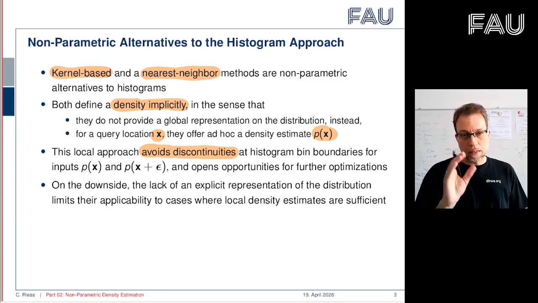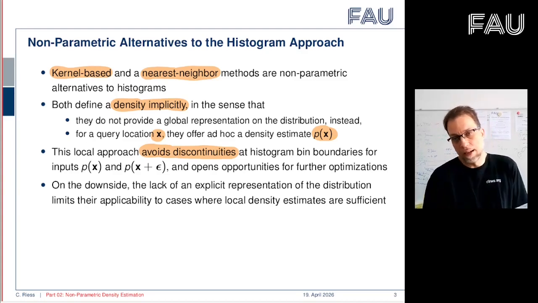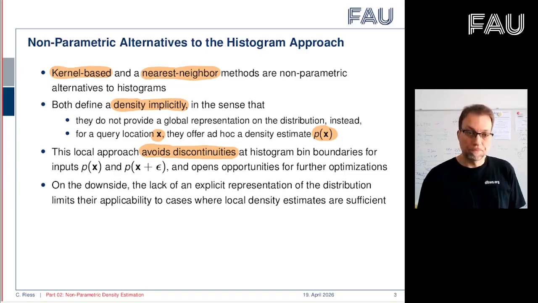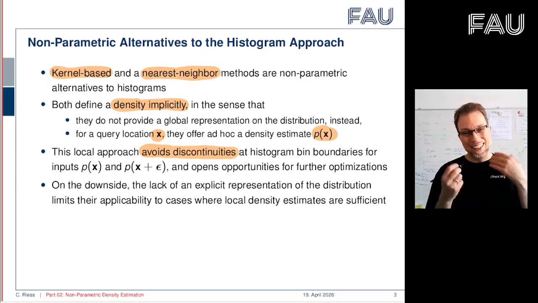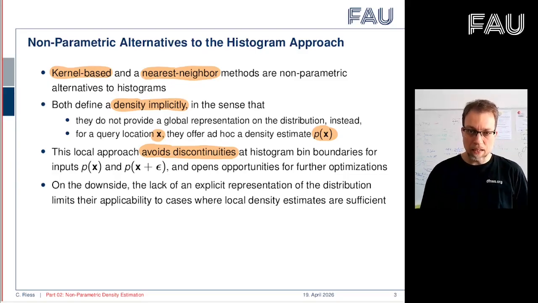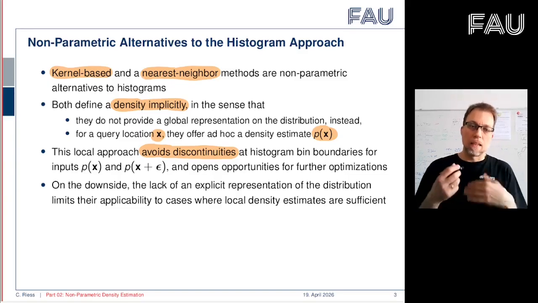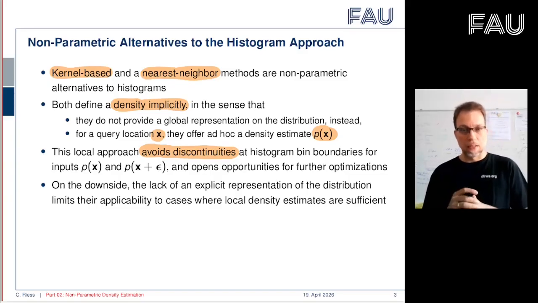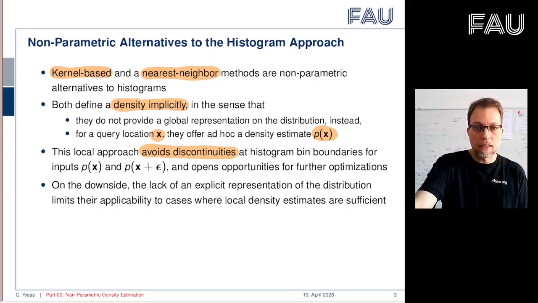Here with these local interpolators, it's not so likely, depending on how they are done. So this certainly is an advantage. And there are further opportunities for optimization. Maybe we are going to talk about this in one of our meetings. On the downside, the lack of an explicit representation of the distribution limits the applicability of these estimators to cases where local density estimates are sufficient. No? We can also discuss this later.